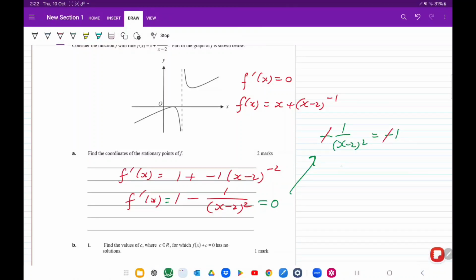Cross multiply: 1 is equal to (x minus 2) squared. 1 is equal to x squared minus 4x plus 4. Actually, from this point, we could even just take the square root: the square root of 1 is plus or minus 1. So x minus 2 is plus or minus 1.